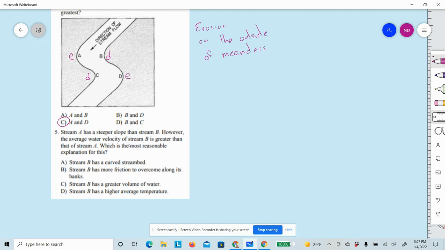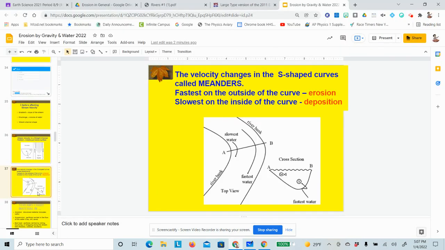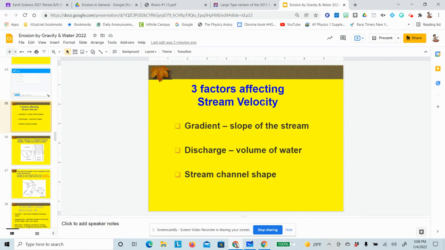If we go back to here, what controls the factors affecting stream velocity? Gradient, the slope. The discharge is the one that question is asking about, the volume of water, or the stream channel shape. So in this case, it's the discharge, or the amount of water in the stream.